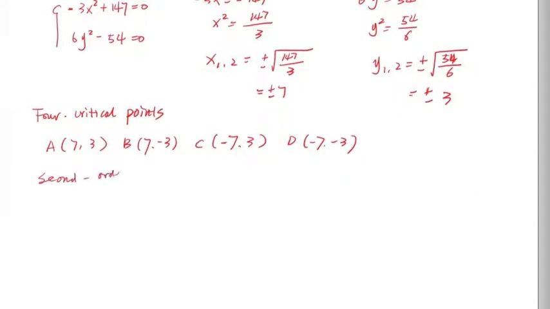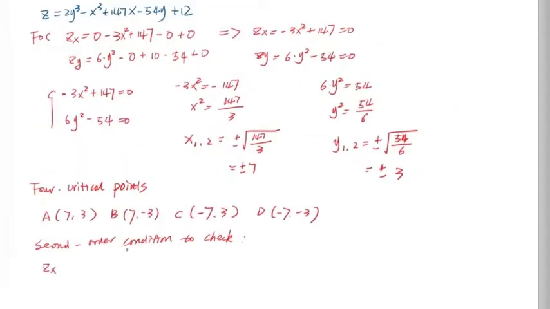Second order condition to check that. For zxx, we check this one now, it is equal to negative 6x.